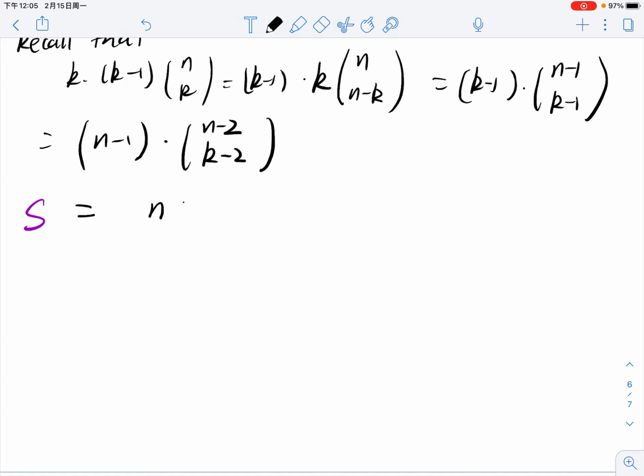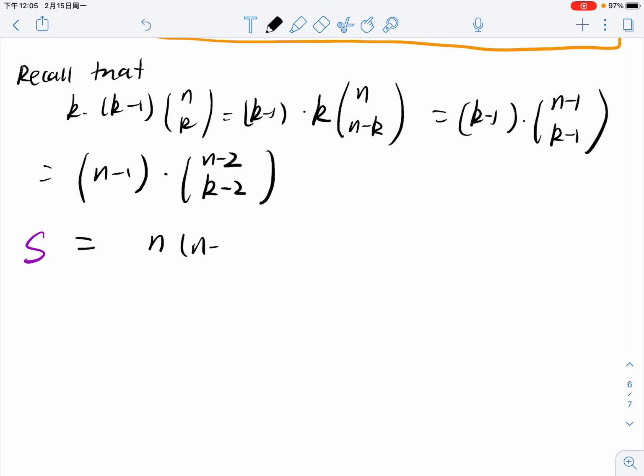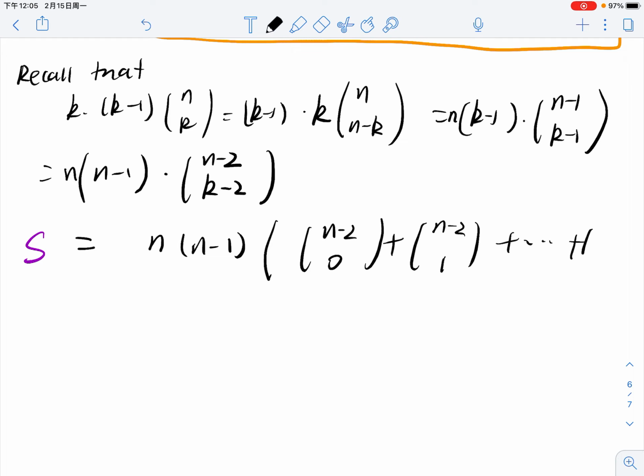is n times m, sorry, here you have extra n. N times n minus 1 times n minus 2, choose 0, plus n minus 2, choose 1, plus n minus 2, choose n minus 2. This is n times n minus 1 times 2 to n minus 2.